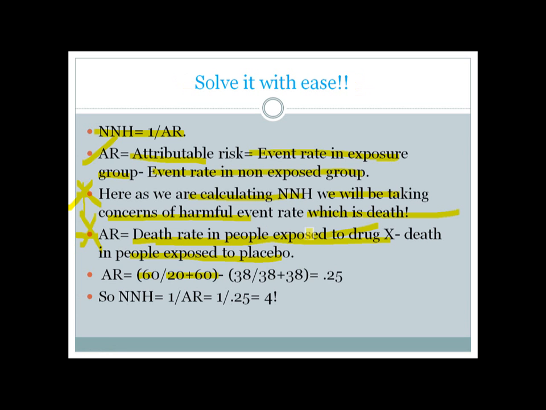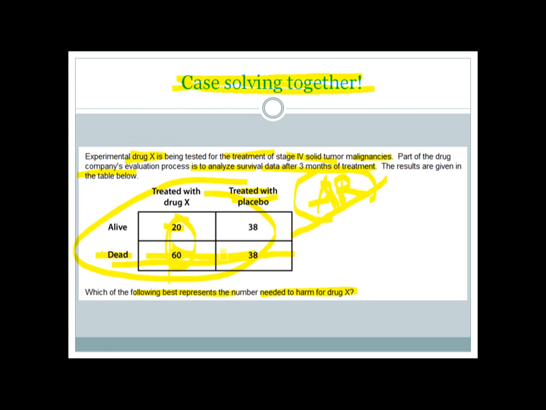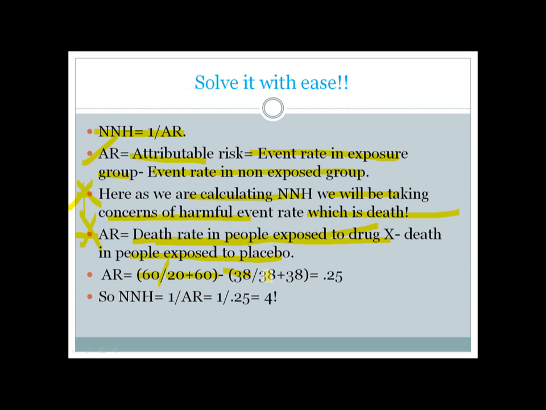So the death rate in people exposed to drug X is 60 divided by 20 plus 60, and the death rate in people treated with placebo is 38 divided by 38 plus 38. So now we will get an attributable risk of 0.25. As you know, the NNH is 1 by AR, so 1 by 0.25 equals 4. So actually 4 patients need to be treated for 1 patient to be harmed, or 1 patient to die.